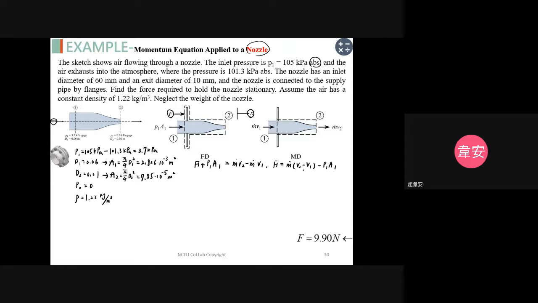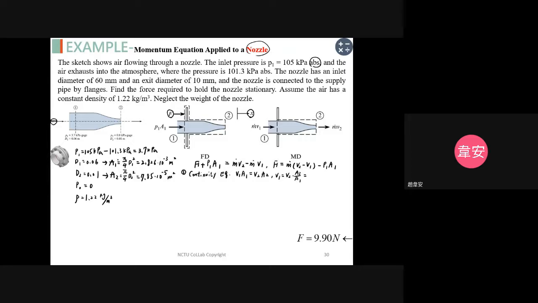For this equation, there are two unknown parameters, V2 and V1. First, we have the continuity equation. For this problem, V1 A1 should be equal to V2 A2, so V1 is equal to V2 multiplied by A2 divided by A1.